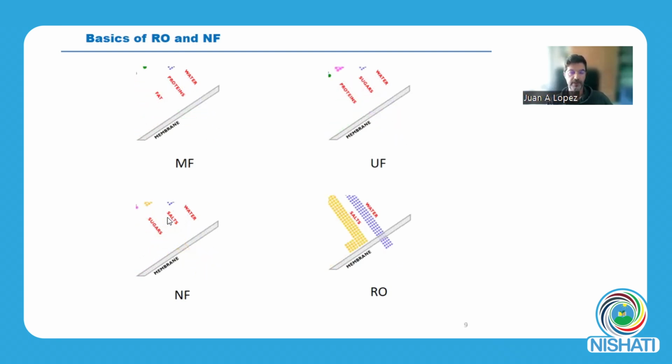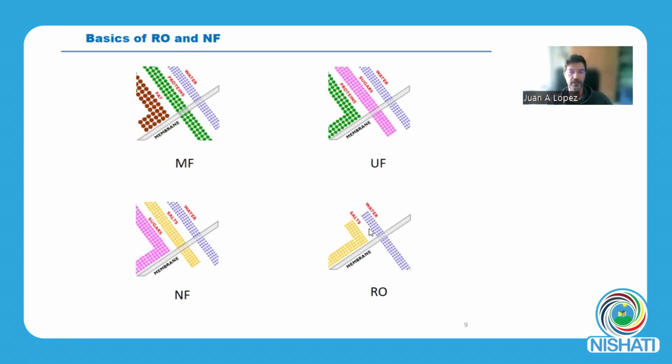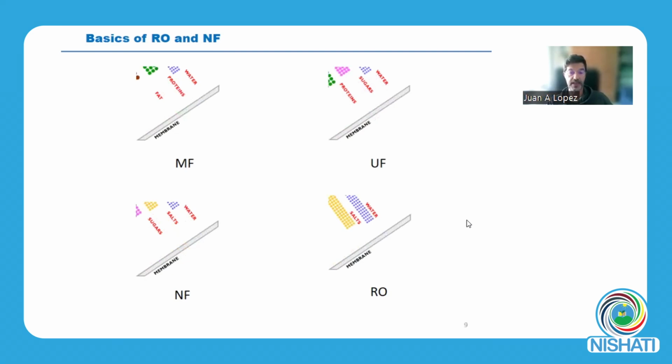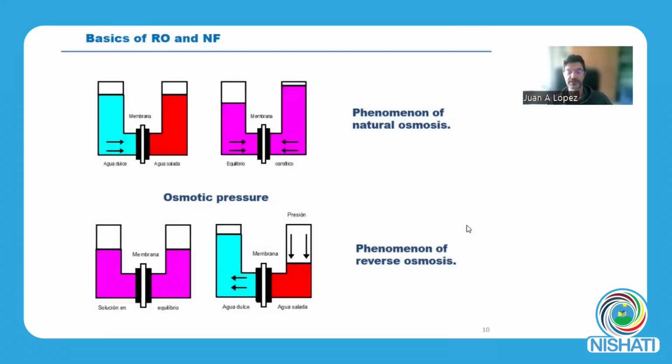Nanofiltration can remove very efficiently organic molecules of very small size, but not all the salts. However, reverse osmosis can remove almost all the salts in the feed water.